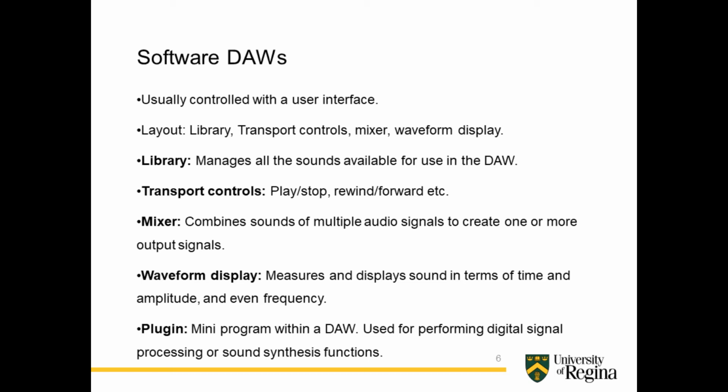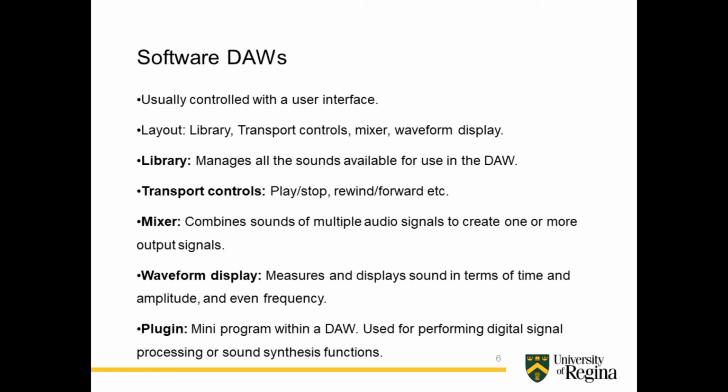Then when you listen to it, you're hearing it as one single beat or instrumental. So that is what the mixer does. It combines these different sounds, and these different sounds can have different volumes.